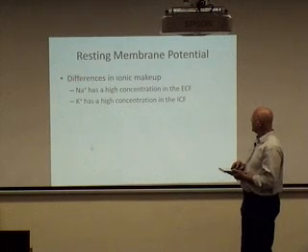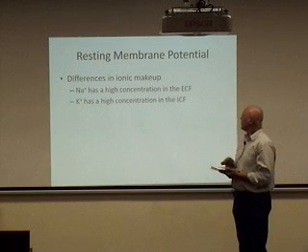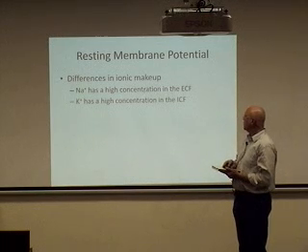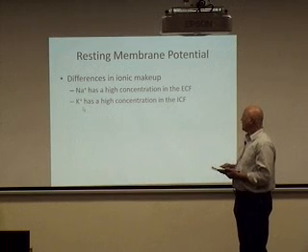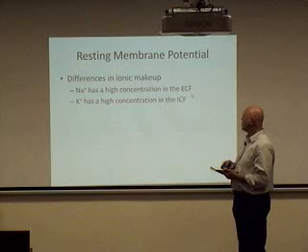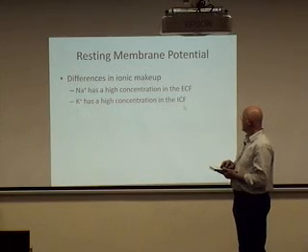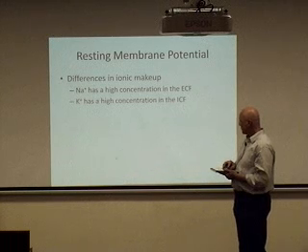Now, how do we create that difference in charges? It's due to a difference in the sodium and potassium concentrations. In the extracellular fluid outside of the cell, sodium is very high, and in the interior of the cell, potassium is very high.